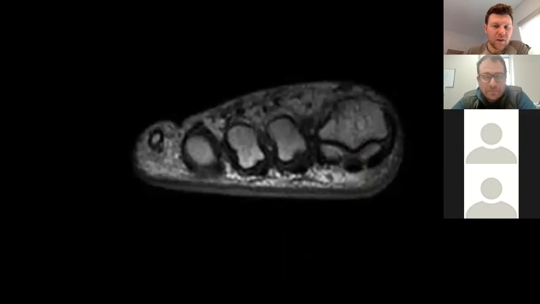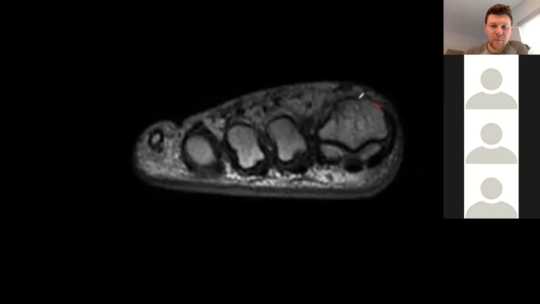So on the first one here, I'm sorry, not axial, coronal. We have coronal images to go through. If we're looking at the coronal image, we can clearly see some bones here. Who knows what bones those are? Or where at the level of the forefoot are we? Good, these are the metatarsal heads.